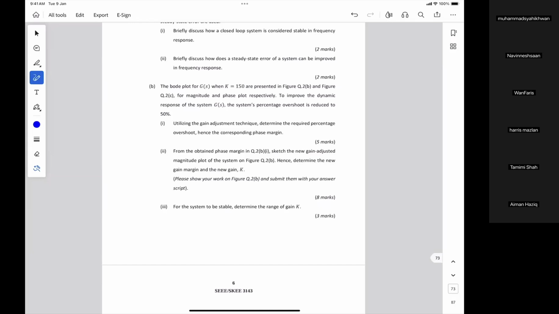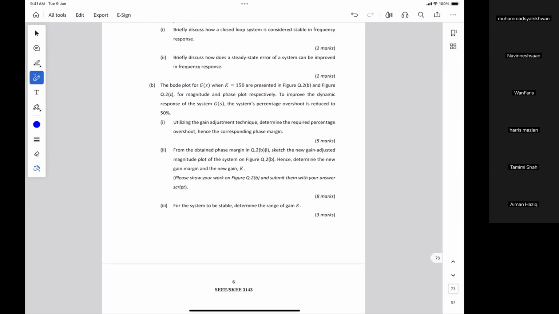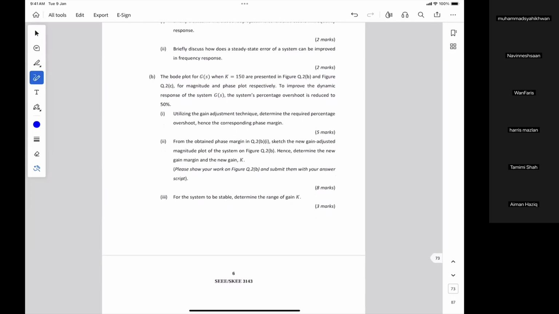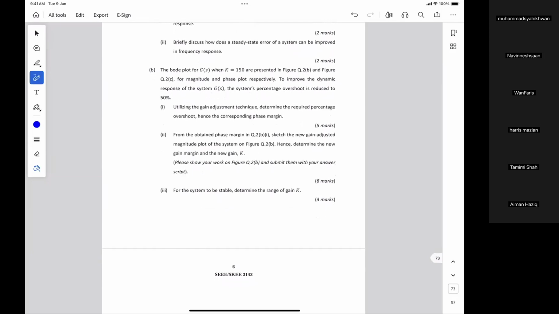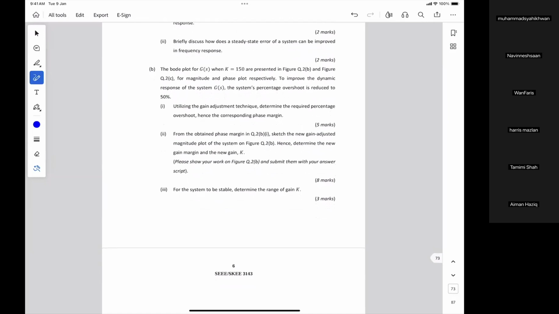For the obtained phase margin in question 2b, Roman 1, sketch the new gain adjusted magnitude plot for the system on figure question 2b, hence determine the new gain margin in K. For the system to be stable, determine the range of K. Determine lah, bukan determine. Kena cakap gitu. Nevin, determine, bukan determine.